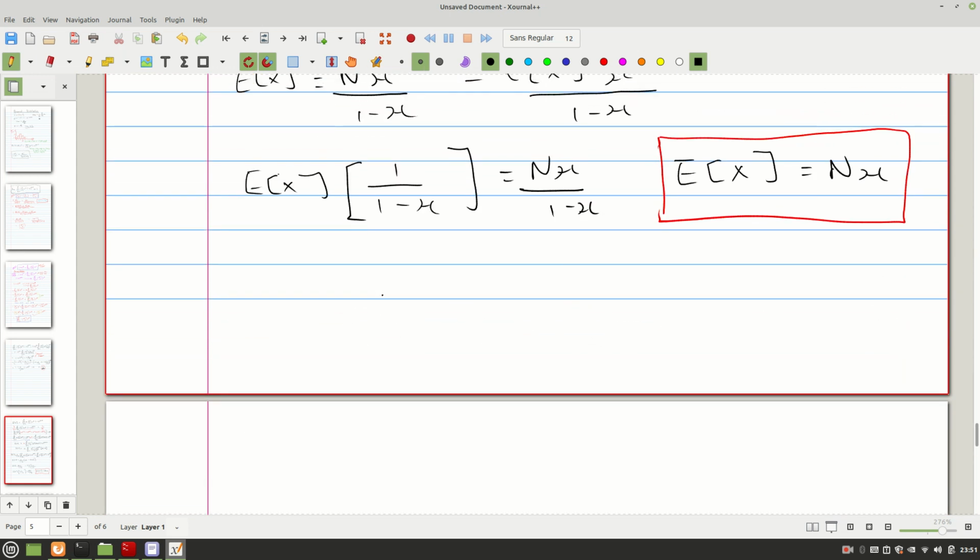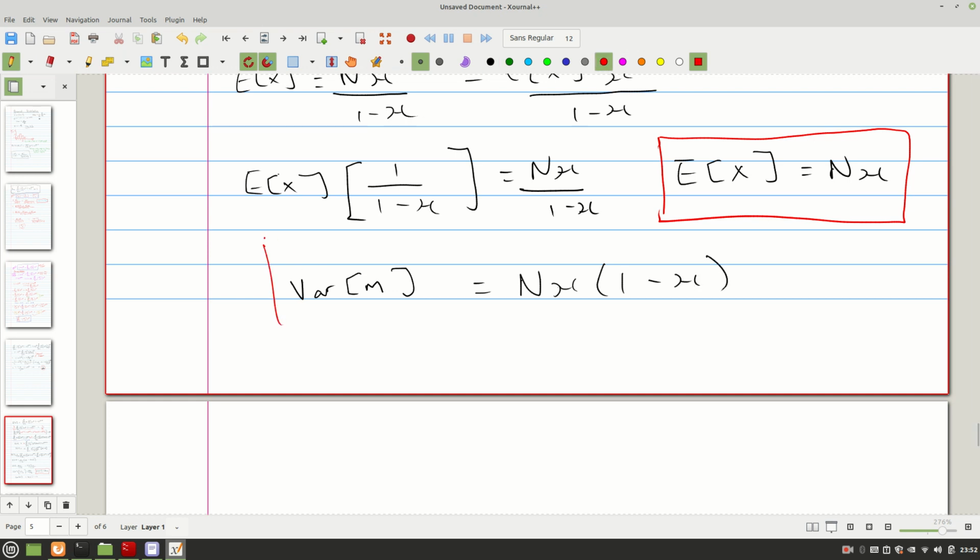And finally, the variance of, well, I say x here, but it's actually m, but in any case, this is equal to n mu times 1 minus mu.